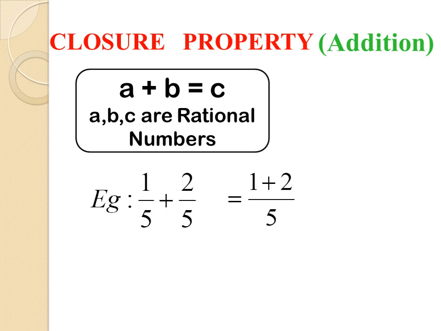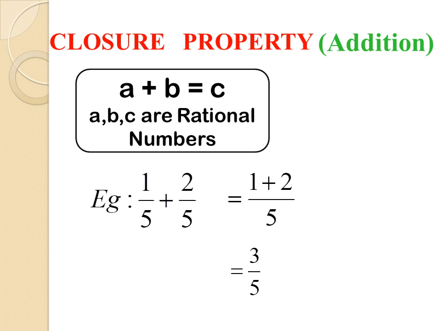When you add these two numbers, what would you get? We have to add the numerators 1 plus 2 and the common denominator should be written as 5. Your resulting answer will be 3 by 5. So this 3 by 5 is also a rational number. So we say that closure property for addition is true.